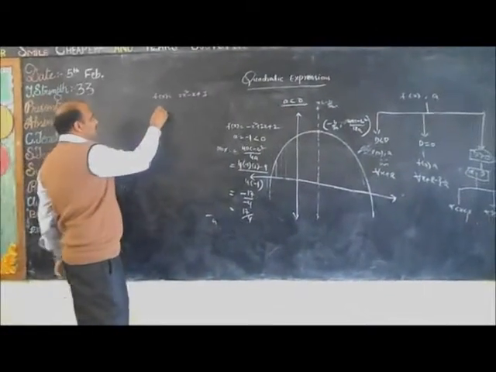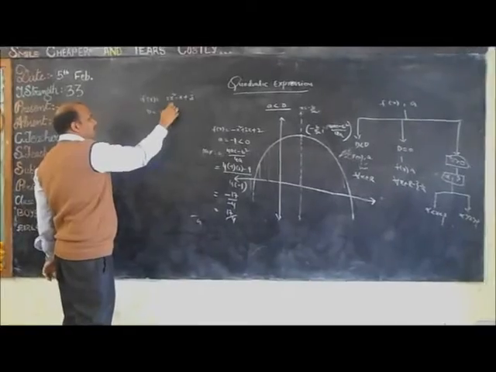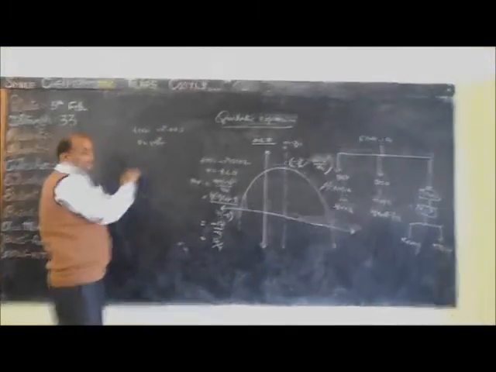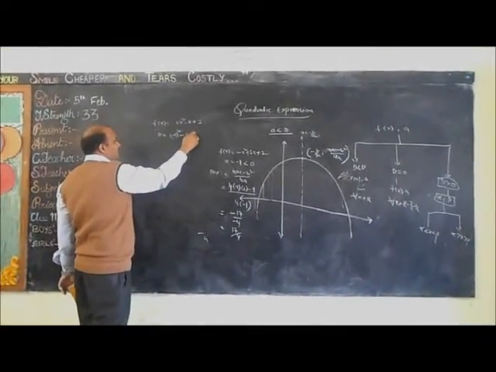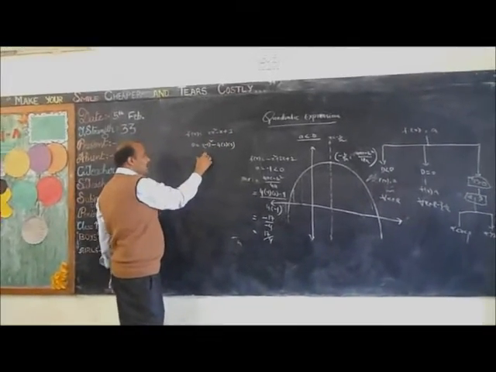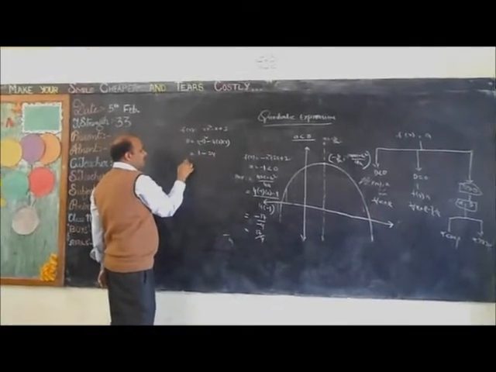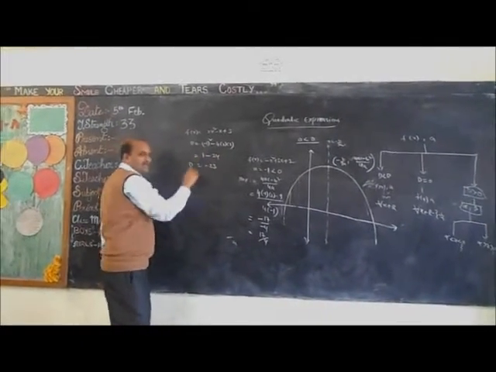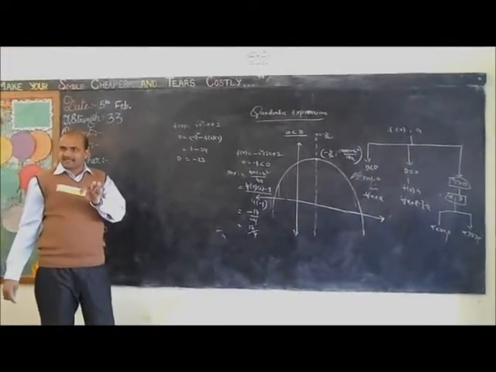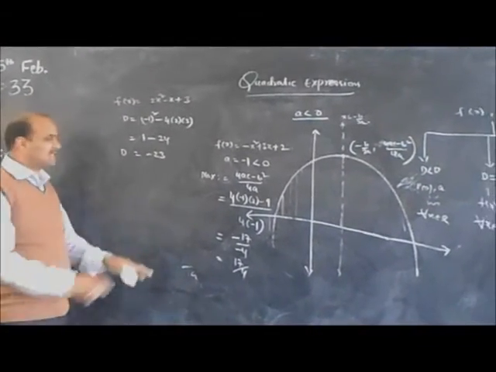So what is the discriminant of this function? D is equal to minus 1 whole square minus 4ac, 4 into 2 into 3. So what will you get? 1 minus 24, means D is equal to minus 23. Discriminant is less than 0.